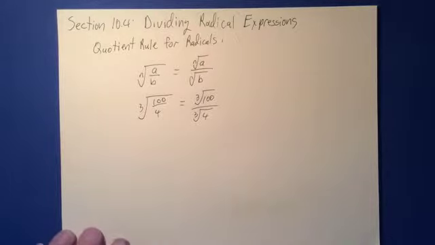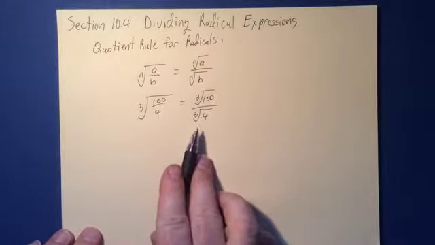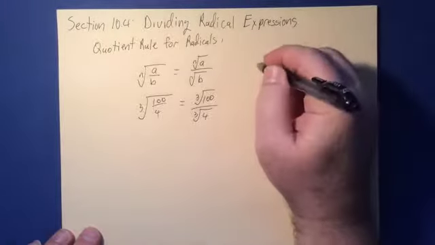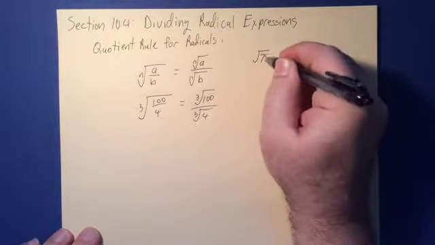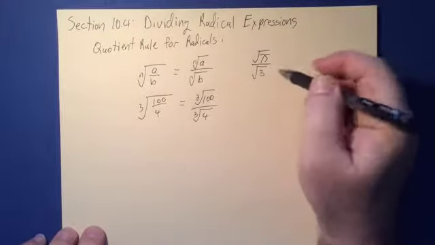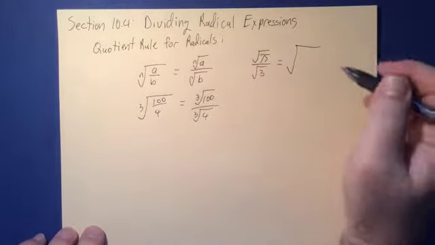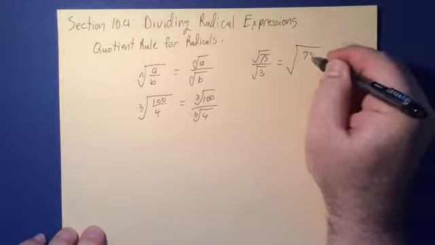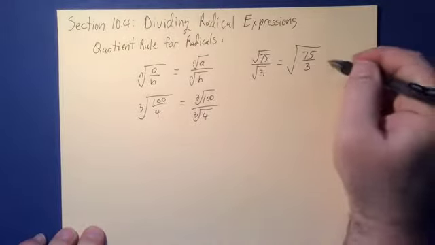Another way to look at this is that we can do this in reverse also. Let's say I have the square root of 75 divided by the square root of 3. Well, I could combine this under one large square root and make this radical 75 divided by 3.